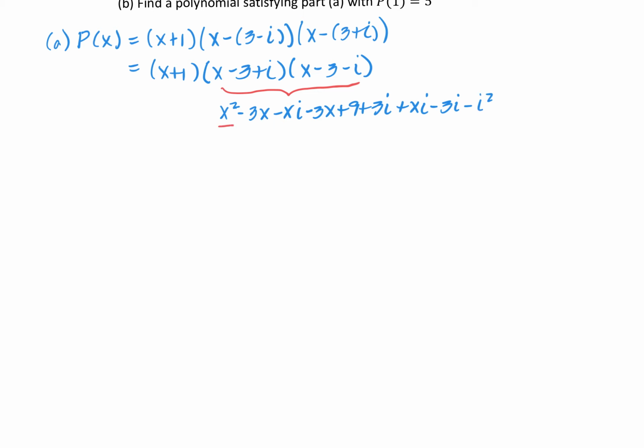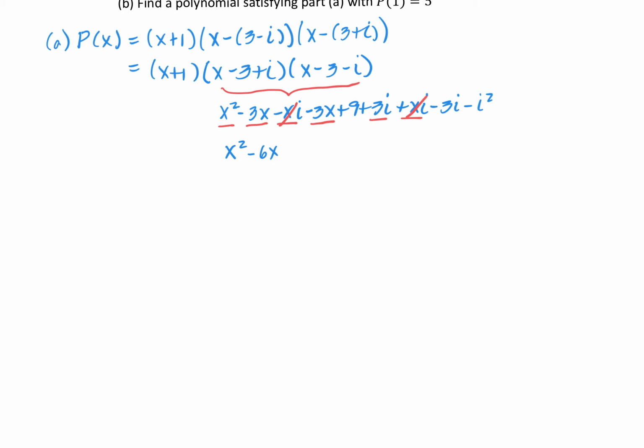So I have an x squared. I don't see any other squares, so that would give me the x squared. If I look at the minus 3x, I have another minus 3x, which would give me the minus 6x. Now I have a minus xi and a plus xi, so those will cancel.